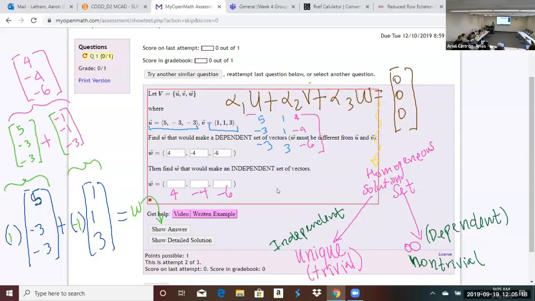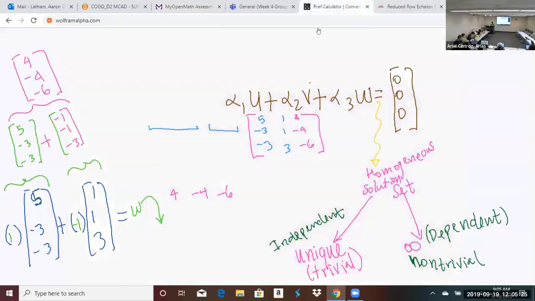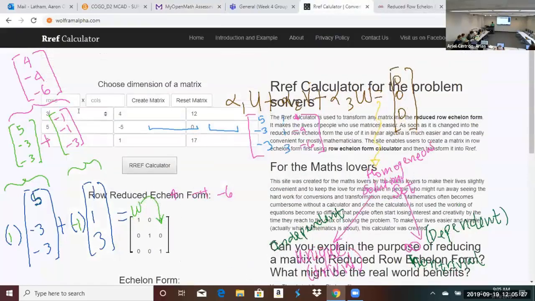So Aaron, can you row reduce this with one of your RREF calculators? Okay.